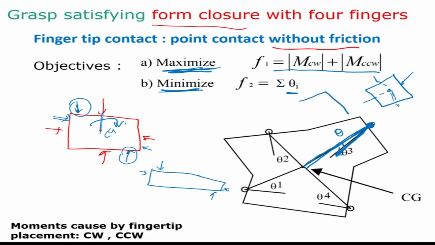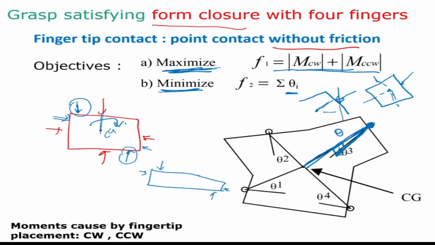If this is my CG and the fingertip is pointing in this direction, it is generating a moment. Whereas if the fingertip is pointing in this direction, through the CG, then it's not generating a moment. So we are maximizing the clockwise and anti-clockwise moments, and we are minimizing that angle theta, so that the object is in static equilibrium. So we have 2 objectives: maximize clockwise and anti-clockwise moments, and minimize the angle subtended in the center.